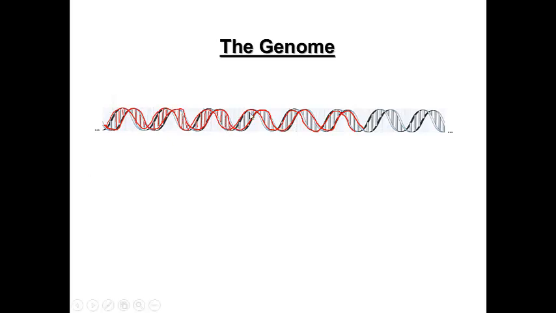So when we're talking about the genome, we're talking about the entirety of one's DNA. We can think about this strand here, which is in fact a double-stranded molecule, going across our screen, and the dot dot dots symbolize the fact that it's continuing on in this direction, and continuing on indefinitely in this direction as well.